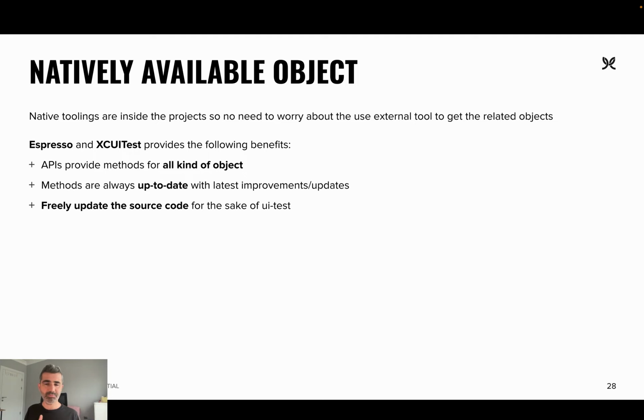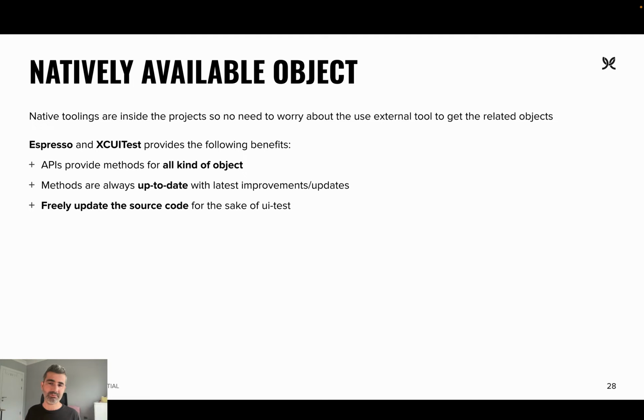Like the API provides the methods for all kinds of elements, all kinds of objects. It can be a button, a text box, an input, anything. If there is a newly released object, it will be supported by Espresso and XCUITest, which will be very difficult for Appium or Calabash.